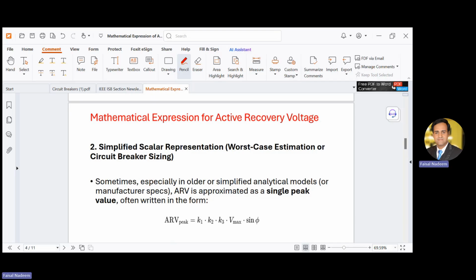So here the active recovery voltage peak is K1, K2, K3 Vmax sin phi. This value is the peak value that can occur in any case. So whenever the ARV is discussed in the form of this equation, it means they are discussing the peak value of active recovery voltage.